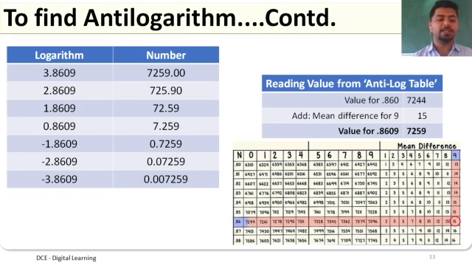Similarly, in case of minus 3.8609, from this negative characteristic of 3, deduct 1, that means 2. So right after the decimal point, 2 zeros need to be put in the result. That means the corresponding number for the logarithm minus 3.8609 is 0.007259.